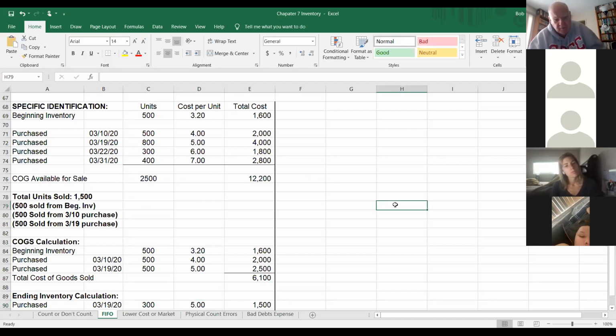They'll say something like 1/3. They'll say something like, 500 of the 1,500 came from 2/5 of the beginning inventory and 3/5 of the ending. And it is just convoluted language.